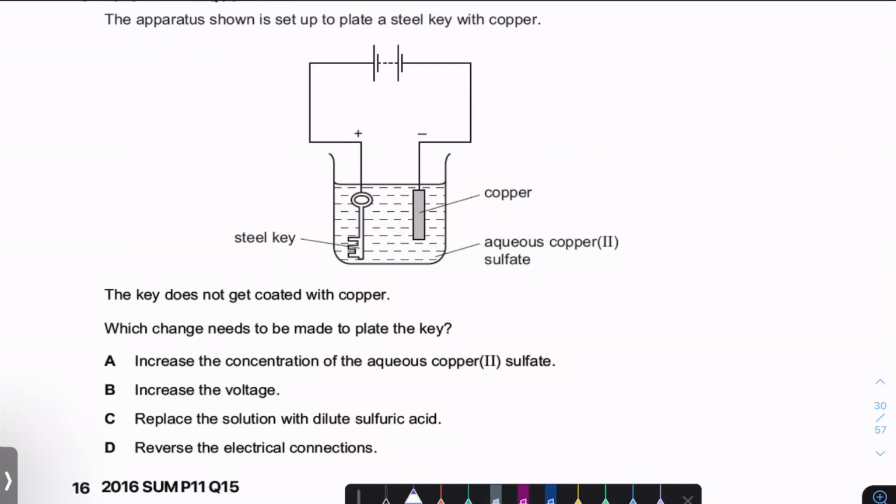This won't work. It will not work because this steel key will dissolve. Remember the first rule? A reactive anode ionizes, or a reactive anode forms ions. This is positive, it will form ions, so the key will dissolve. We want to plate copper, which means we should make copper positive so that it dissolves, and make this negative so that it deposits on it.